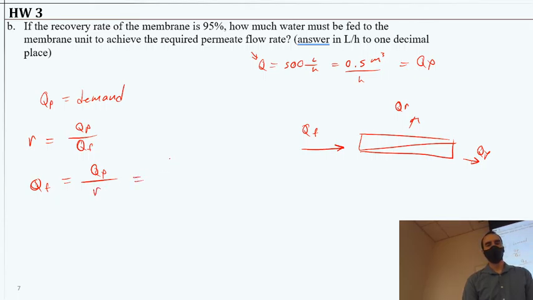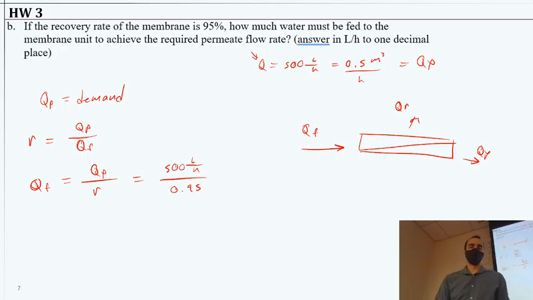So that's going to be that. We need liters per hour, so we'll go ahead and leave it in liters per hour units. That's all there is to it, right? So that becomes 526.3 liters per hour.